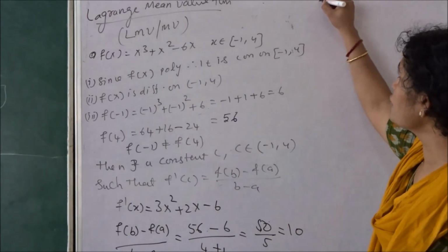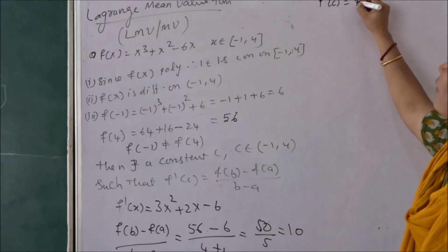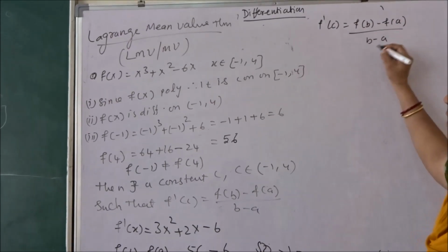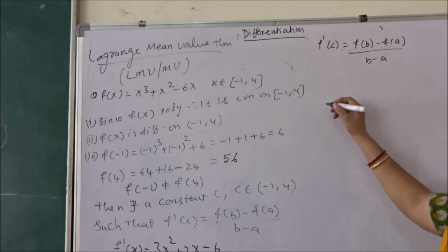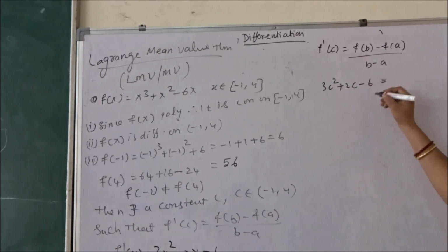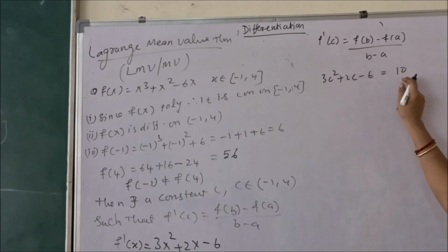So now, as per the question, f'(c) equals [f(b) minus f(a)] upon b minus a. Am I correct? What is f'(c)? f'(c) is 3c² plus 2c minus 6, that is equal to this total function we are getting, 10.